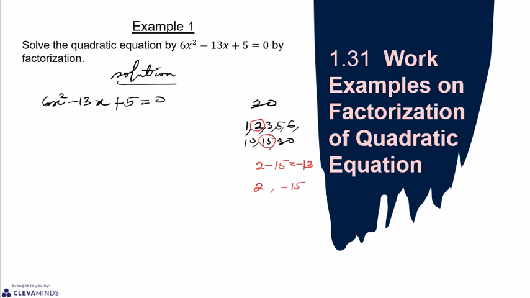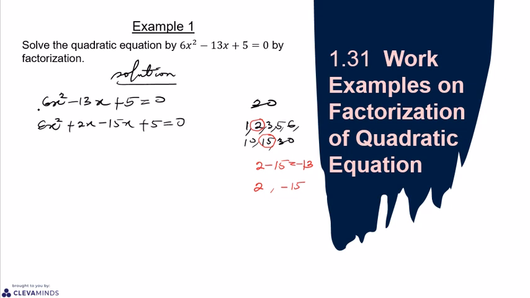I'm going to write 6x squared plus 2x minus 15x plus 5 equals 0.